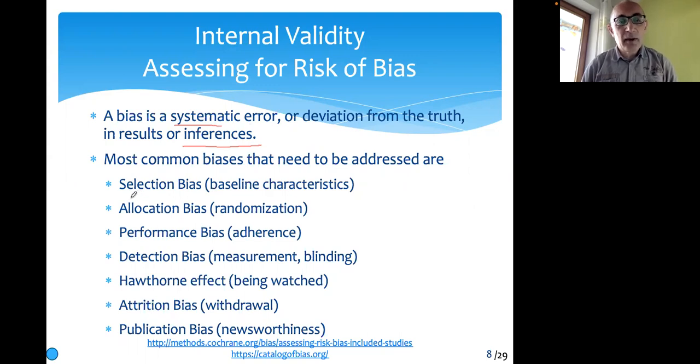Among the most common biases, we have the selection bias. If you have made incorrect selection, that is, your groups are not randomly composed. One group composed of elderly people, let's say, the other one younger people. That's not comparable. And one group more males, another group more females, that also is not.